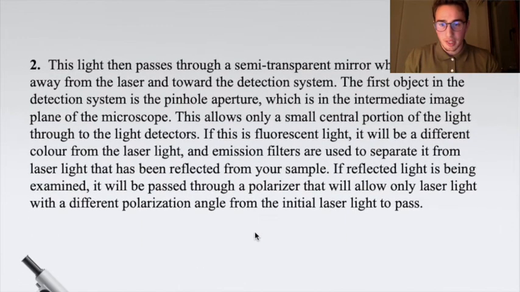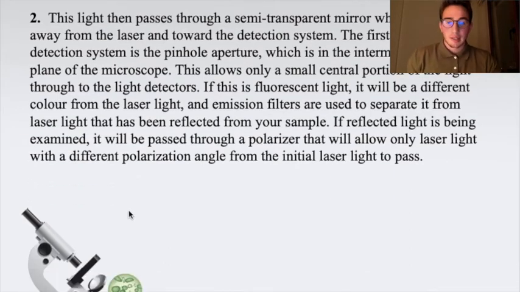So this is the second stage. This light then passes through a semi-transparent mirror which reflects it away from the laser and towards the detection system. The first object in the detection system is the pinhole aperture, which is at the intermediate image plane of the microscope. This allows only a small central portion of the light through to the light detectors.